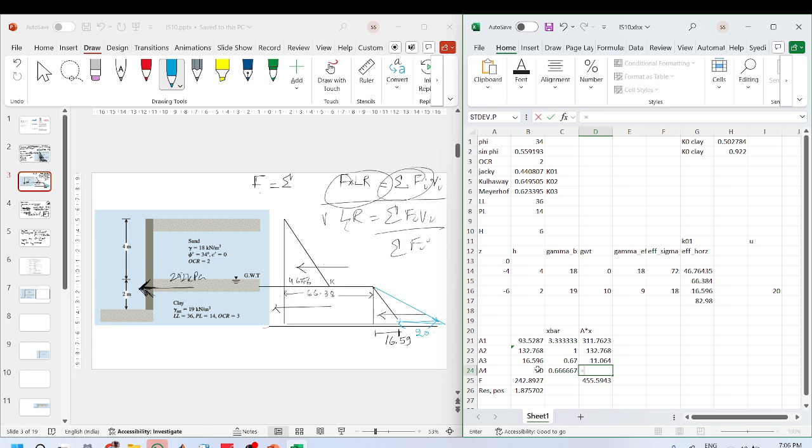Ax will be this into this, and then we take the sum.